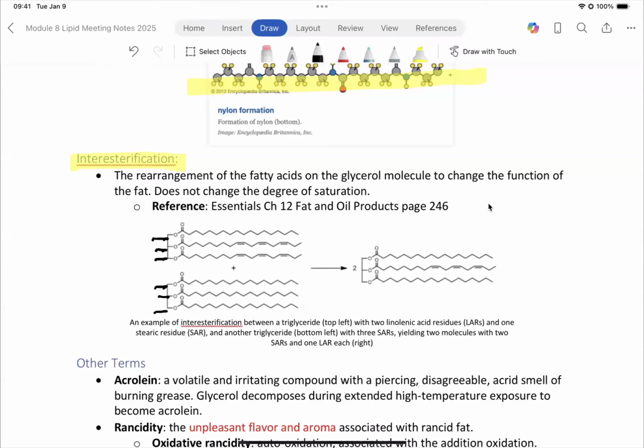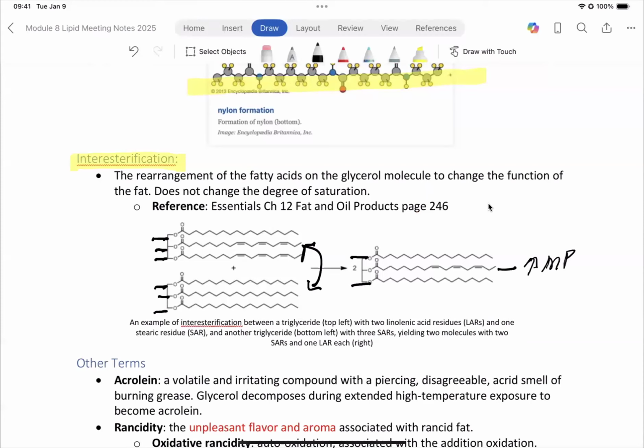So what they can do is they can play musical chairs with these two and end up with a triglyceride that's saturated on the outside and polyunsaturated on the inside. And this one will have a higher melting point than this one, right? Higher melting point. It'd be more solid at room temperature.